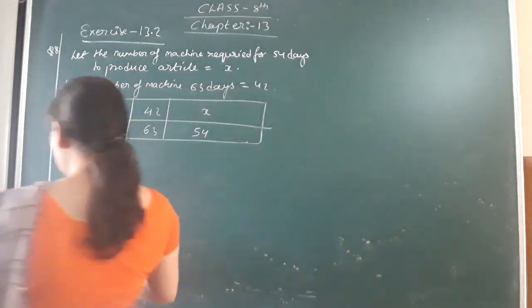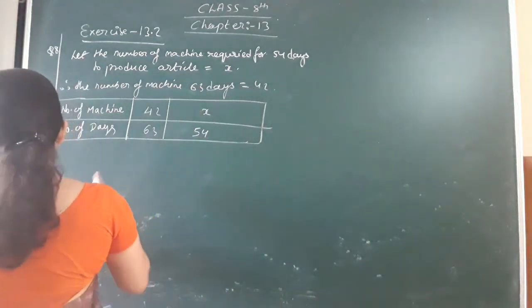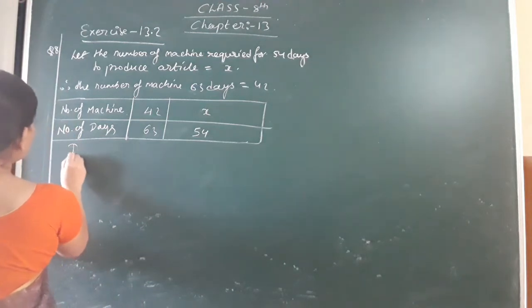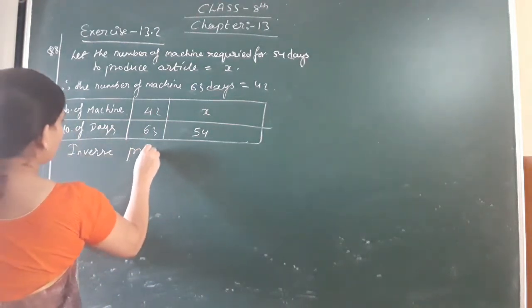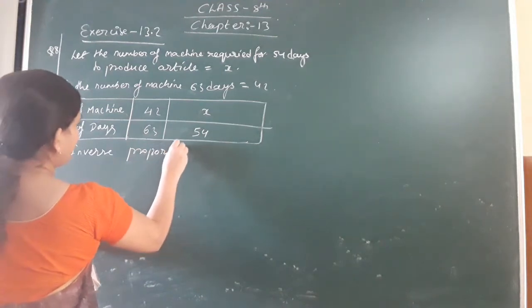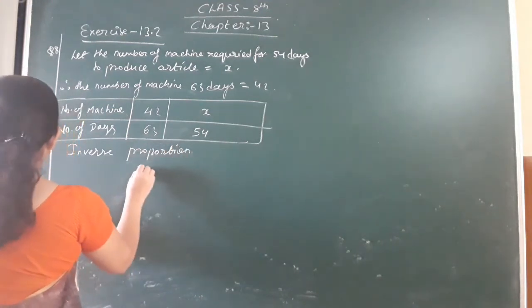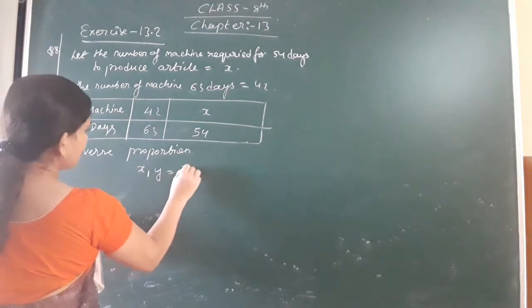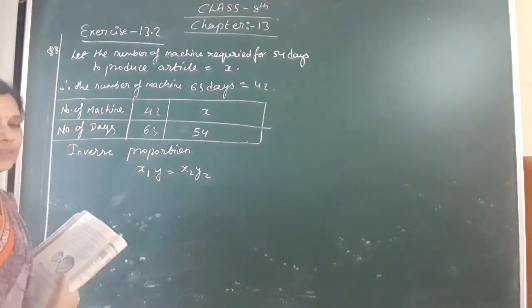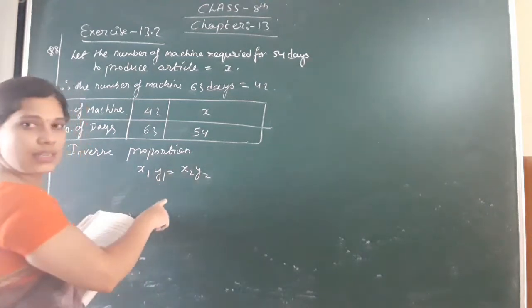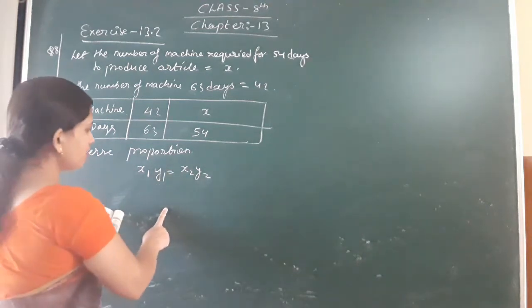So here we are having the inverse proportion, x1 y1 is equal to x2 y2.